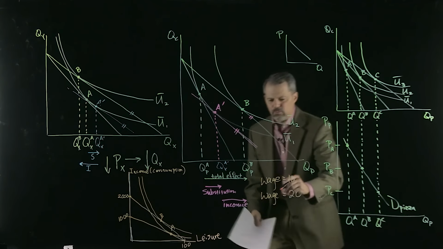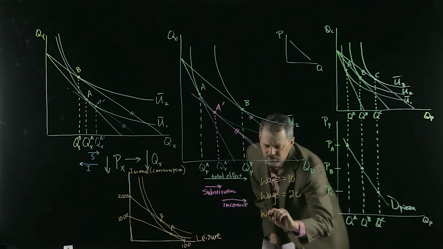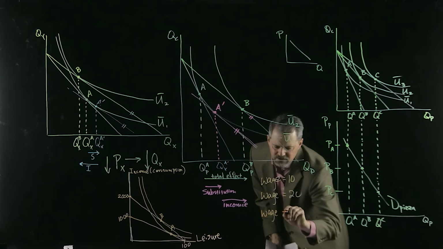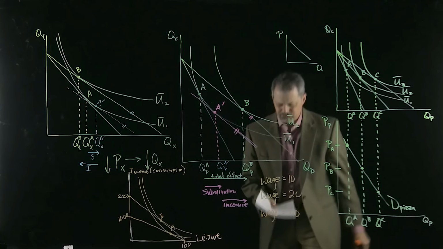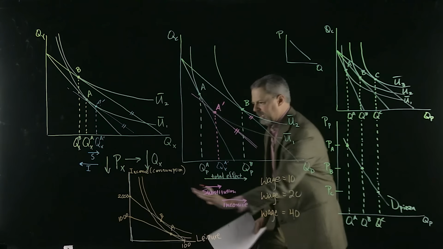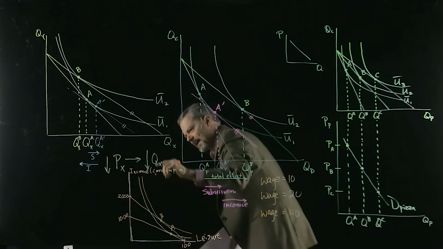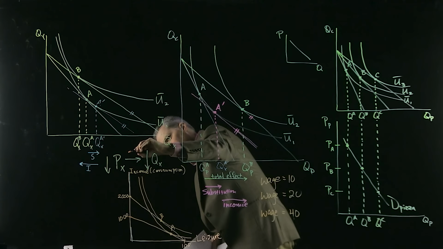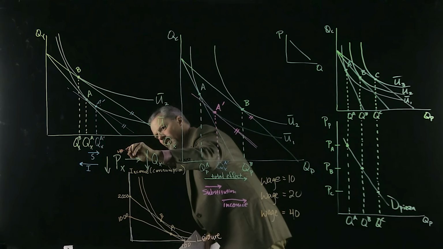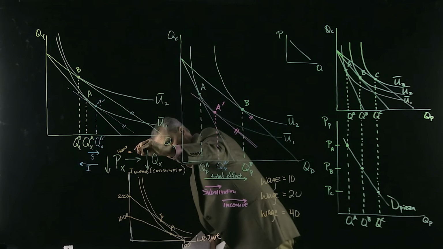Let's suppose that we consider a large increase in your wage. Let's suppose the wage equals $40. Then this budget constraint is going to pivot up quite a bit. Actually, I don't have enough space. 4,000 would be somewhere up here. And so your budget constraint would be something like this.